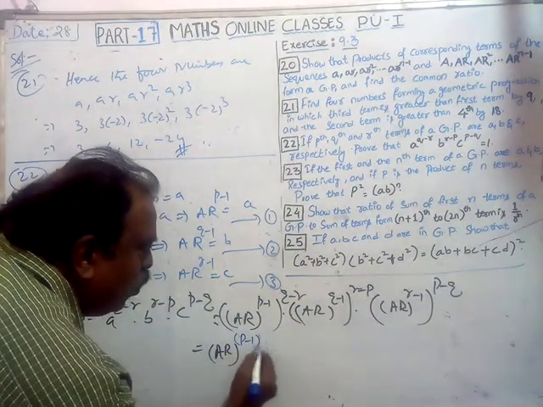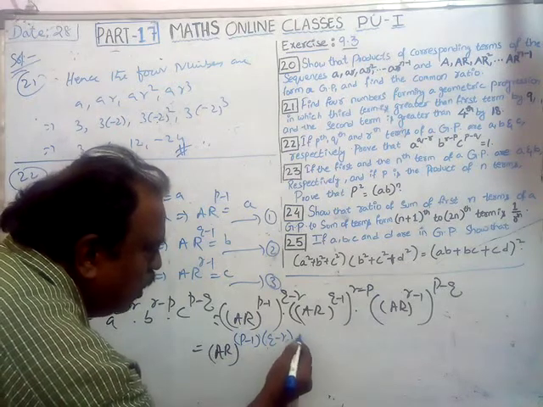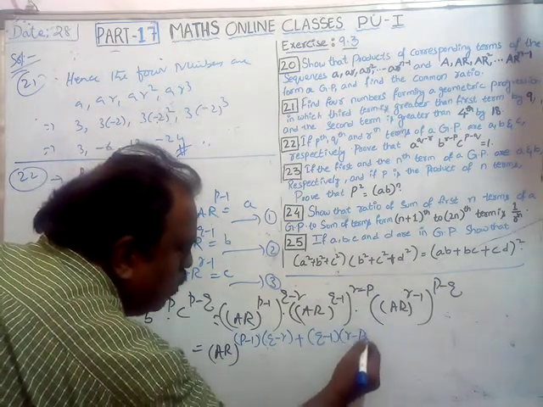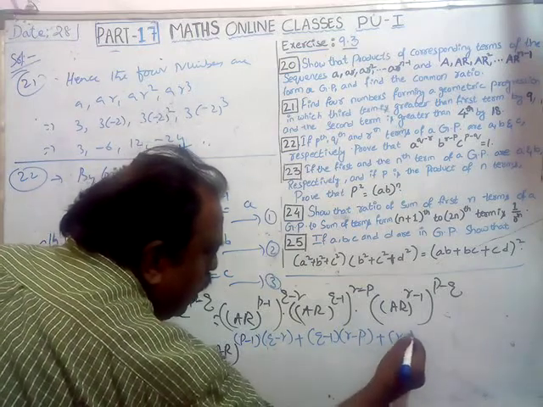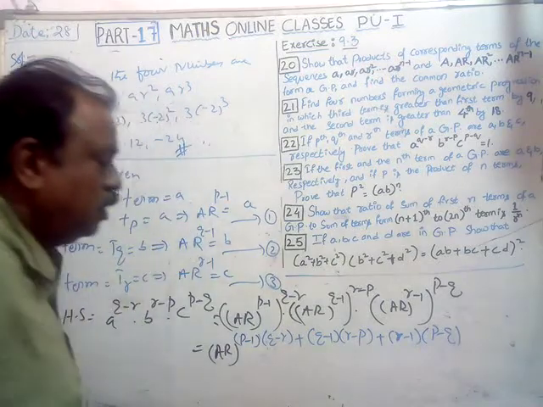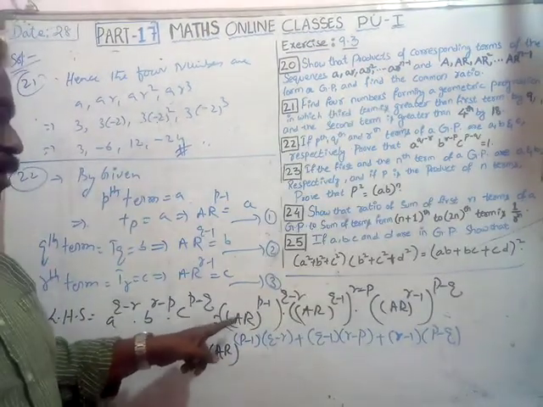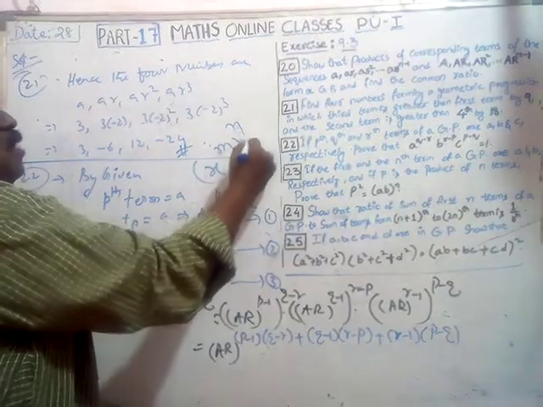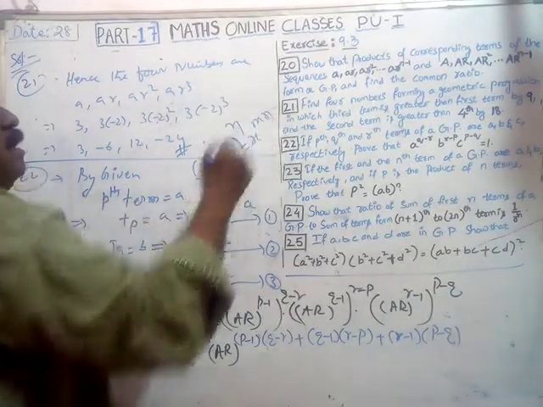Here P minus 1 into Q minus R plus Q minus 1 into R minus P plus R minus 1 into P minus Q. We are using one concept: X power M whole power N is equal to X power MN.